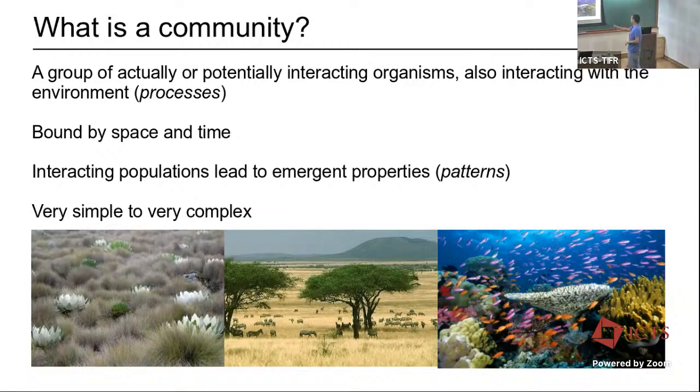But you can also have communities that are extremely complex, like coral reefs, which have hundreds of species of corals, hundreds of species of fish, and thousands of other species of invertebrates, all interacting with each other. So you've got a very complex community at one end, whereas you might have a relatively simple community in places like high altitude alpine grasslands or deserts.